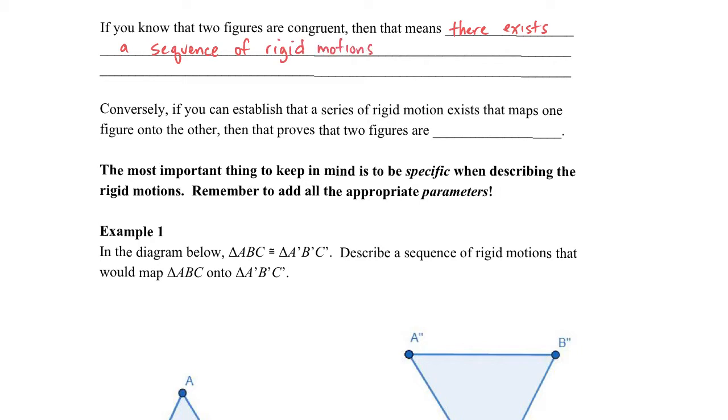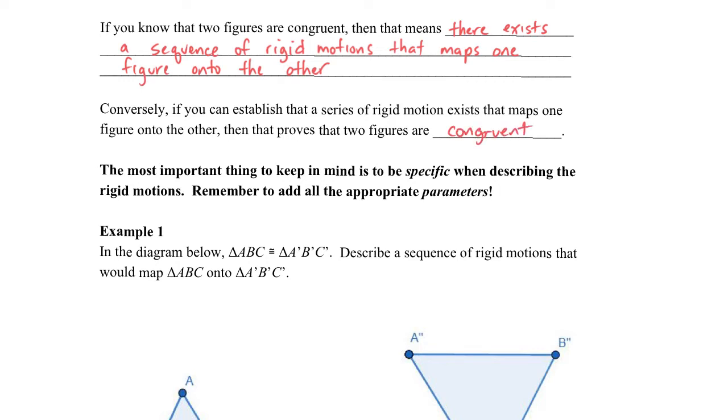A sequence of rigid motions that maps one figure, otherwise known as the pre-image, onto the other, otherwise known as the image. And like I said, the opposite is also true. If you can establish that a series of rigid motions exists, then that proves that the two figures are congruent.